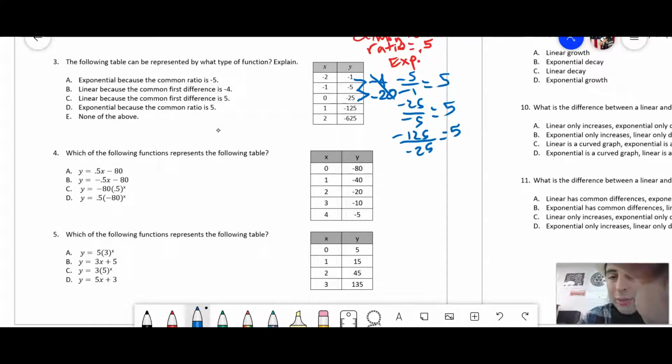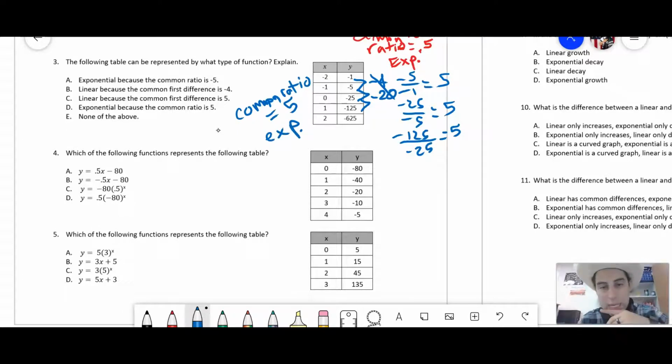So do you see how these common ratios, when you're dividing, give you the same number? The common ratio is 5. So that's exponential. When I divide bottom over top, bottom over top, bottom over top, I get the same number. That's a common ratio. So it's exponential.